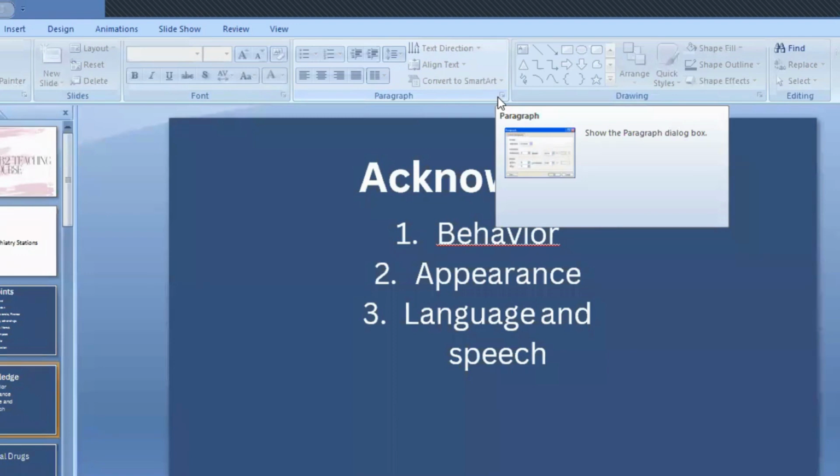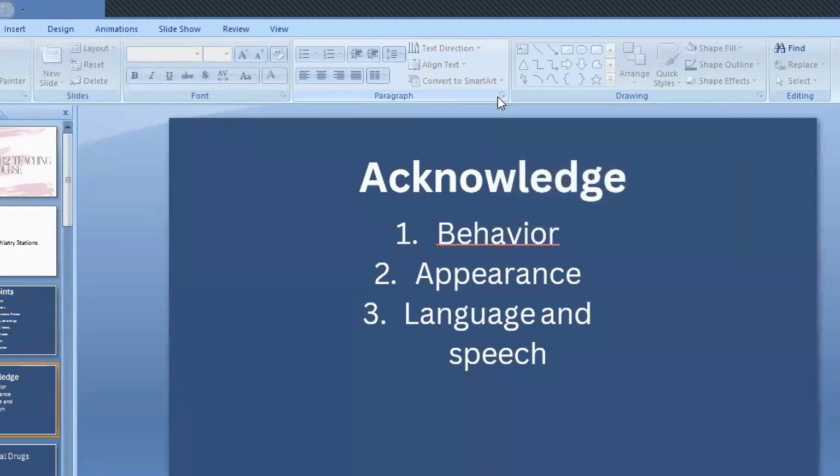So behavior is for you to acknowledge, and when it comes to appearance, you should not make a comment on the patient's appearance, because it might seem a bit insensitive. Rather, appearance is for you to note, so that you can use it during making a diagnosis and during the management plan.